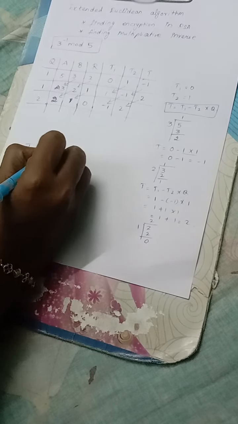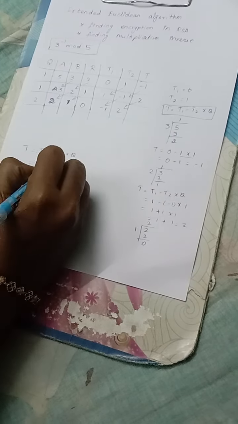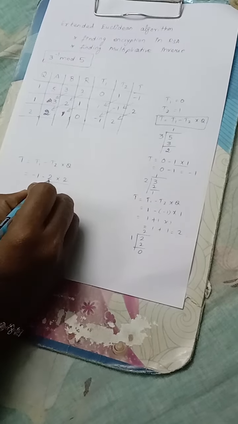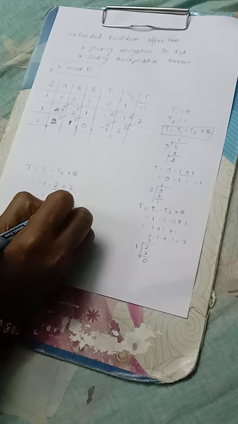T is T1 minus T2 into Q. Your T1 value is minus 1, minus T2 value which is minus 2, into your Q value, which is 2. So 2 into 2 is 4, minus 1 minus 4, which is nothing but minus 5. So this is your T value.